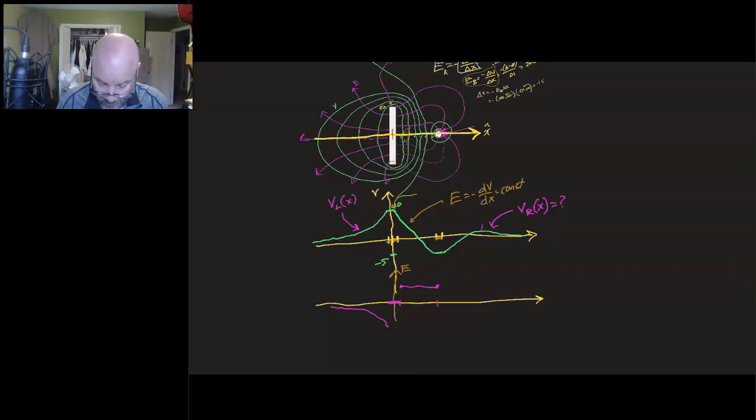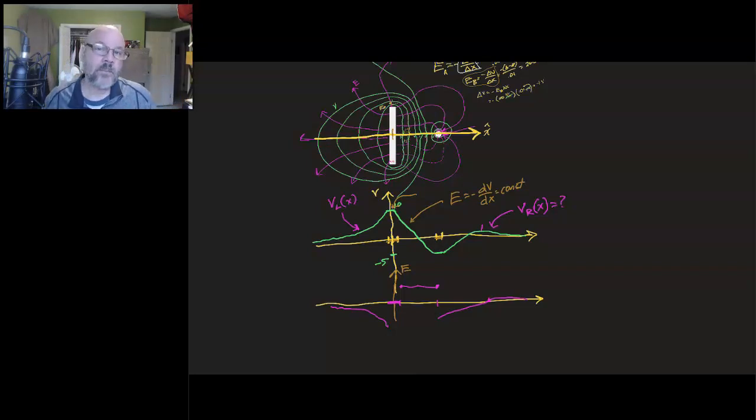Somewhere in here, it goes back to being 0. I'm just going to make this up, something like this. It's going to go back down. Again, I'm speculating here because we don't have a function.